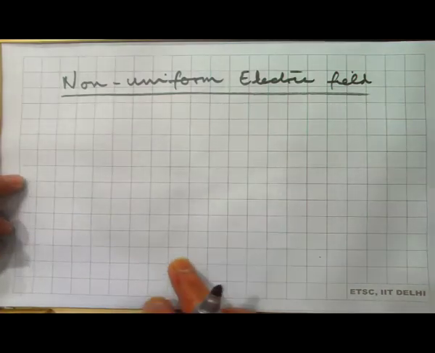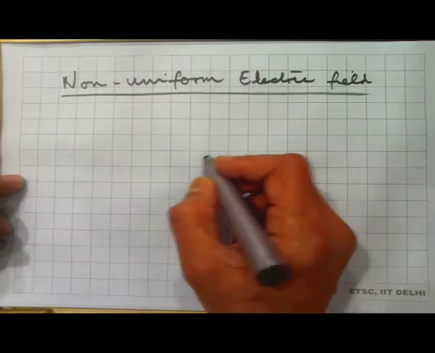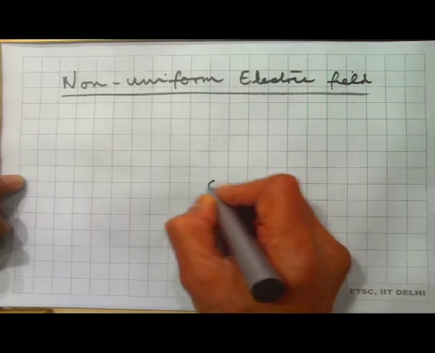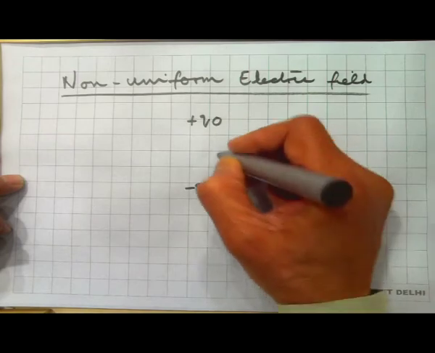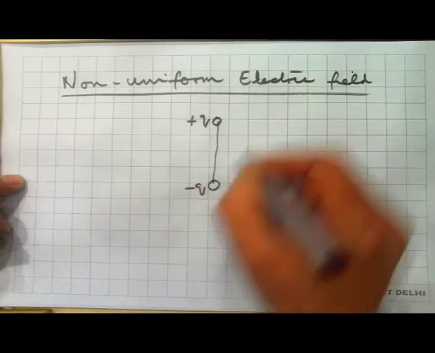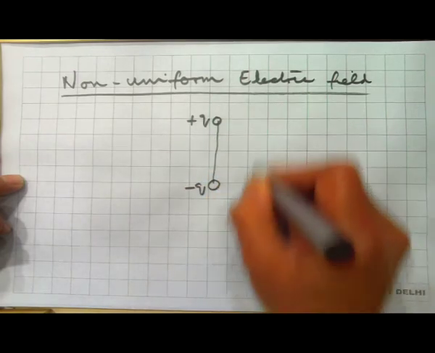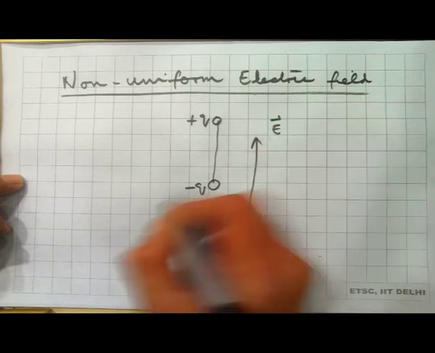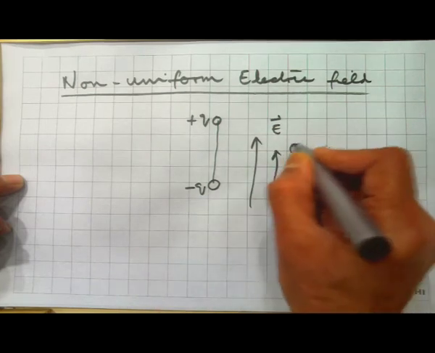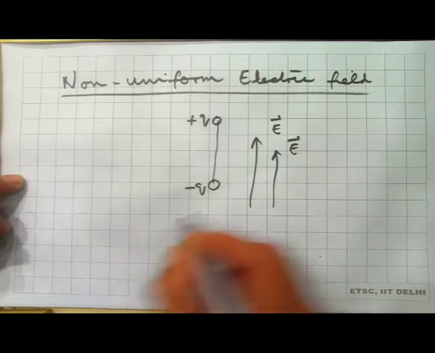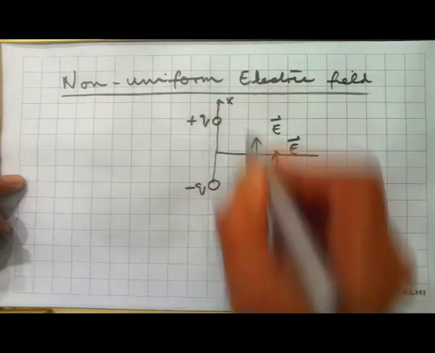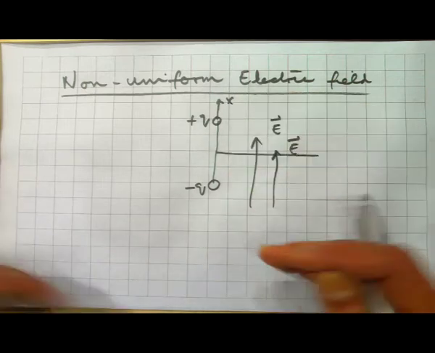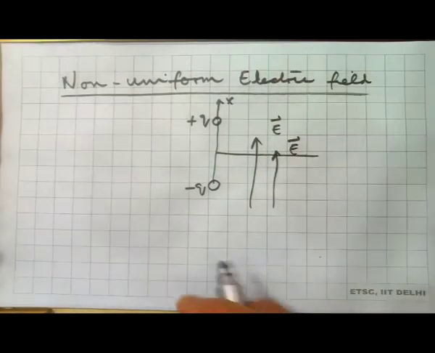Now, I do not want to discuss a general situation, but one particular situation where I will assume that there is a minus q here and there is a plus q here, and this is aligned already. So, this is the electric field. Let me assume that electric field direction is this, and that the electric field is not uniform now. The electric field may be increasing with x, if I call this the x direction, or maybe decreasing with it. So, electric field is different at different values of x.